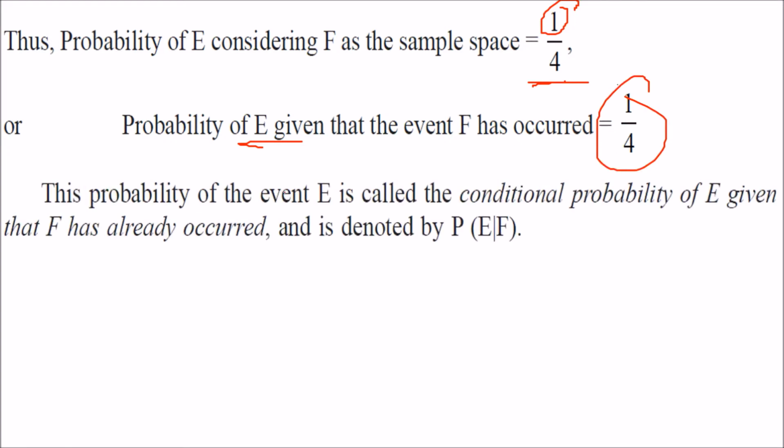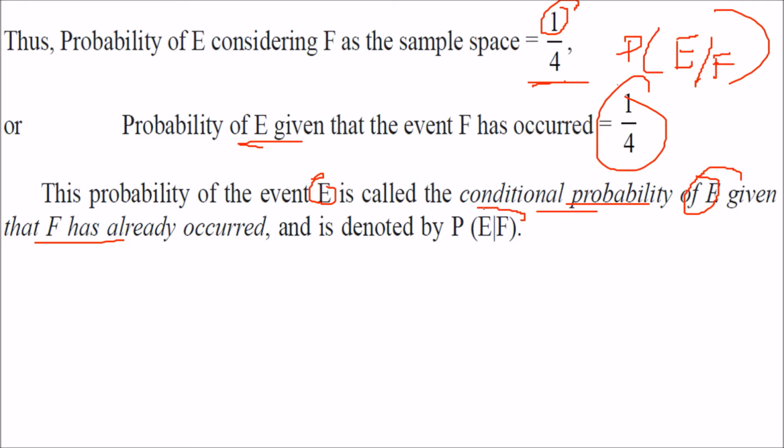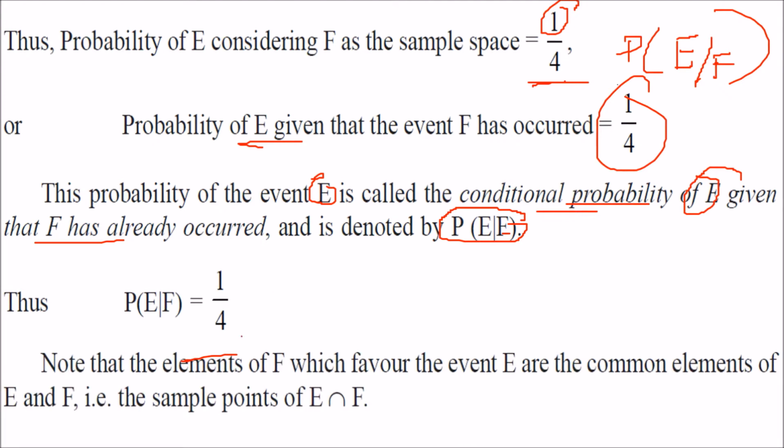The probability of event E given that F has occurred is called the conditional probability of E, written P(E|F). So P(E|F) is the conditional probability of E if F has happened, which is 1 by 4 in this case.